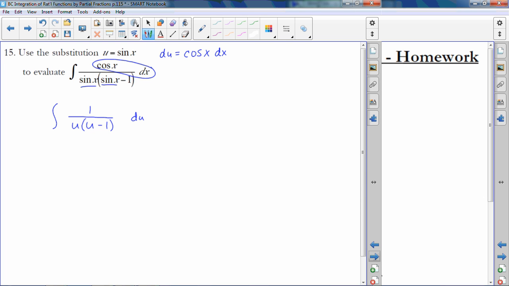How nice. It's already factored for us. So we're going to use the zeros, 0 from the left side and positive 1 from the right factor.